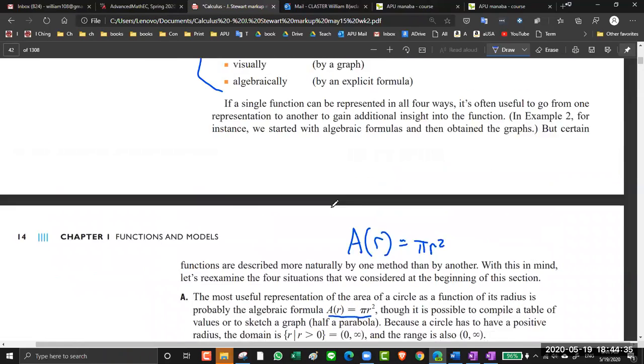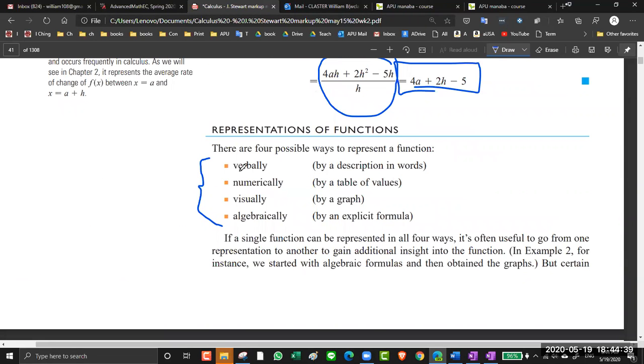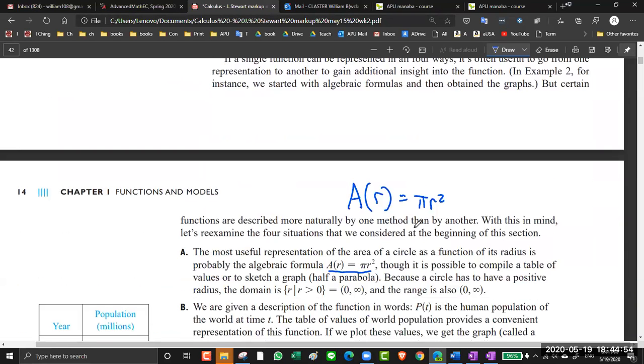other representations. We talked about 4 representations of a function. We talked about the definition, which they're calling the verbal definition. We talked about a table of values. We talked about a graph, and we can talk about an explicit formula. So here, the best way to explain the area as a function of its radius is using this formula.